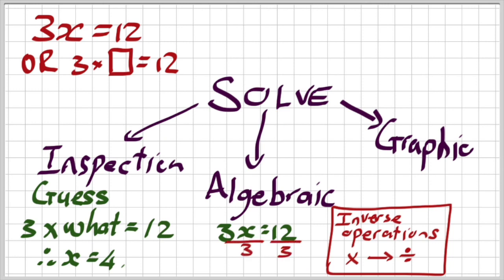So I'm going to divide both sides by 3 because that's the inverse operation. And on the left, I've got x being equal to 4. Because on the left, I've got 3 divided by 3, which is 1x. And that is equal to 12 divided by 3, which is 4.